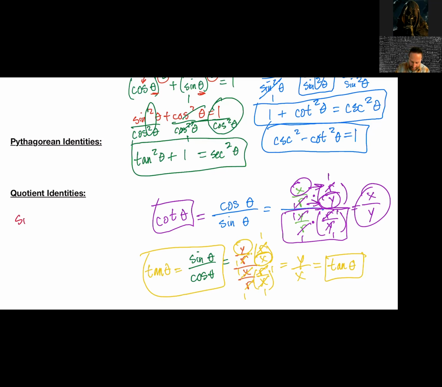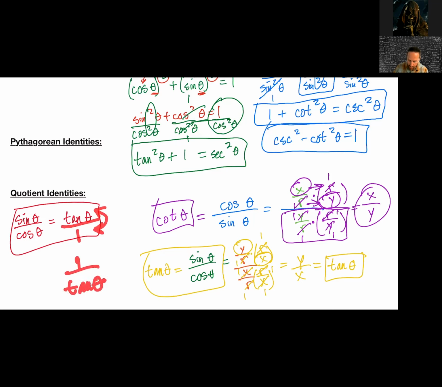We know that sine over cosine is now the same as writing what? Tangent. The y over the x. Very good. And if I flipped both sides of those things, I took tangent and flipped it, which would be 1 over tangent, which we know is equivalent to what?